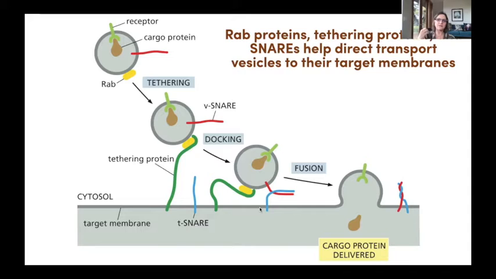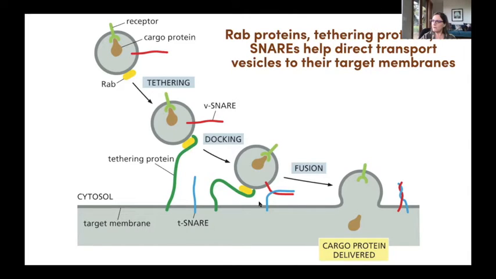And then there are additional proteins that carry out the step of actually fusing the vesicle to the target membrane, which again is an energy intensive process. It's very energetically unfavorable to bring this membrane in close proximity to this other membrane, because there are hydrophilic head groups on the membrane, and you've got to squeeze out the water and ultimately allow these membranes to fuse with each other, and that requires energy.